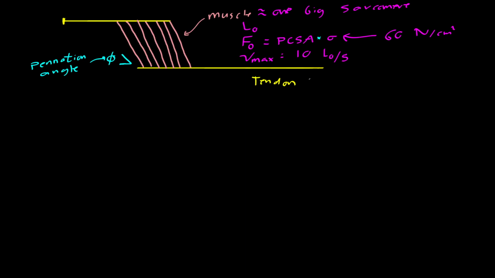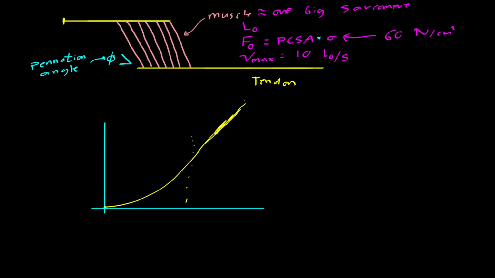Now, one thing is missing. Well, two things are missing, but the first of which is the behavior of the tendon. So we've kind of just ignored this tendon coming off like this. But we know from the last unit that tendons themselves have their own mechanical properties. When you pull on a tendon, it stretches out, and it's got a toe region and a linear region, and if it gets too stretched out, you get into the plastic region, and then maybe it ruptures.